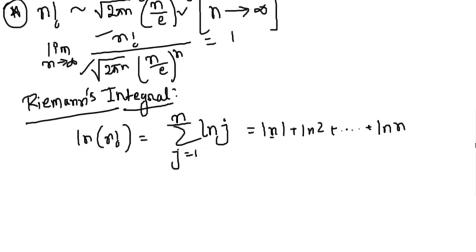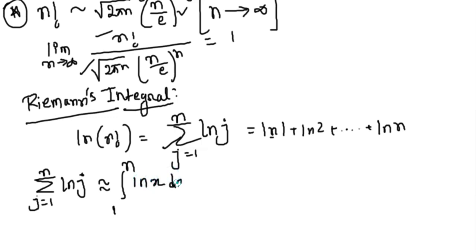Now this sum can be approximated by an integral. How do we do that? See, basically it can be done like this. What we do is that we approximate a sum like this: the sum of ln j is approximately equal to the integral from 1 to n of ln x dx.